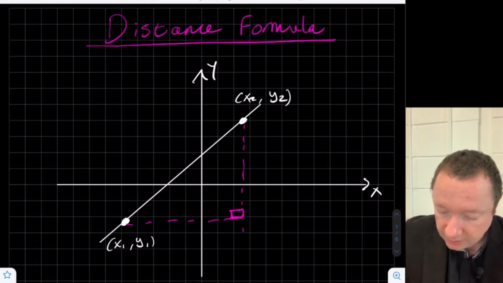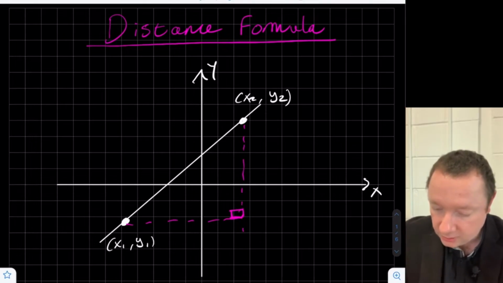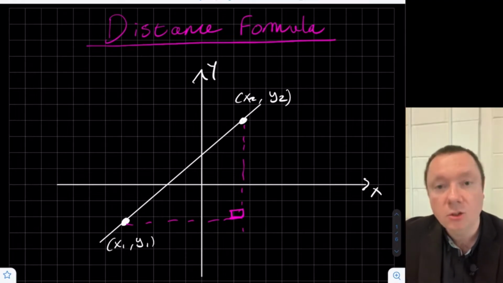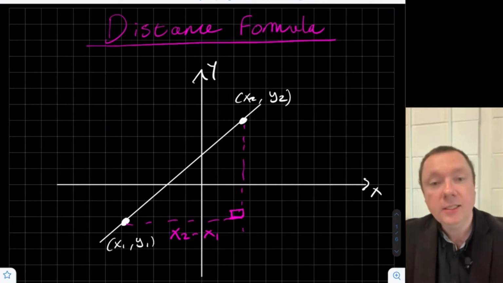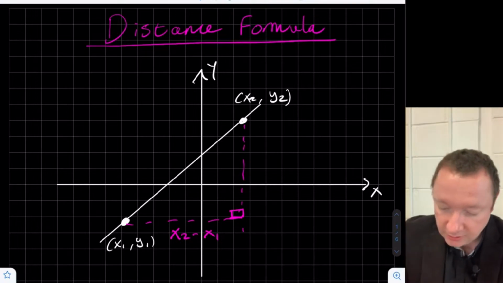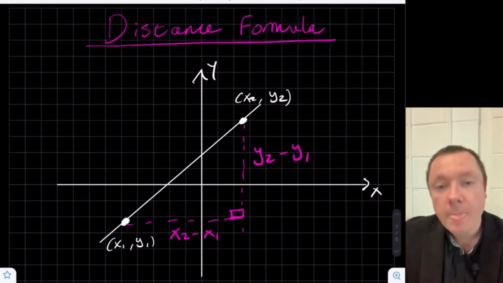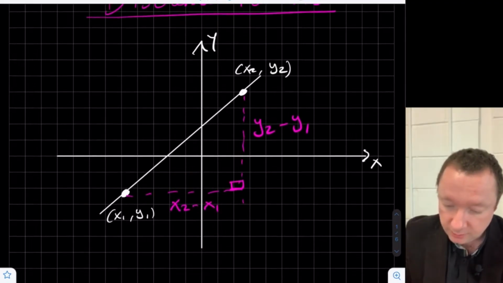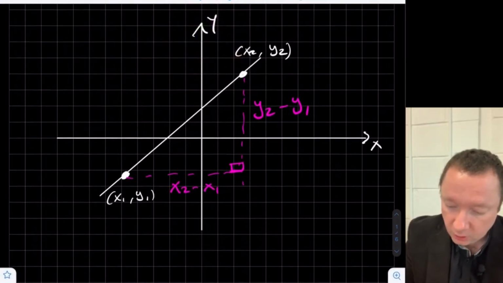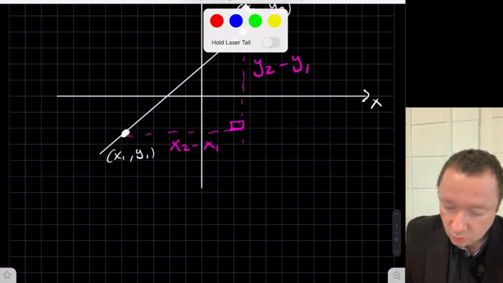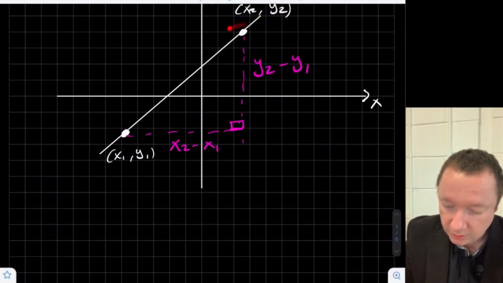And the distance along the x would simply be the difference between x2 and x1, so that would be x2 minus x1. And similarly, the distance up the y-axis would be y2 minus y1. So by Pythagoras, which we should already know from National 5, this side squared plus this side squared equals this side squared.